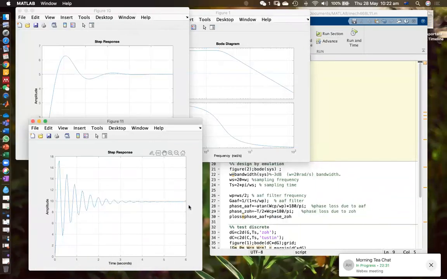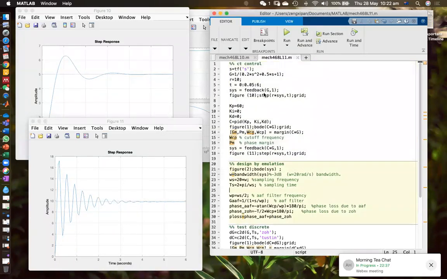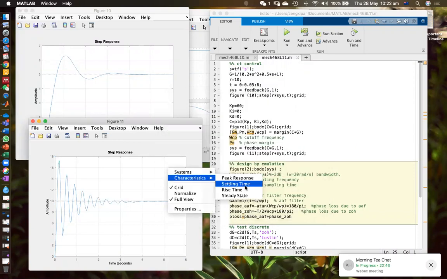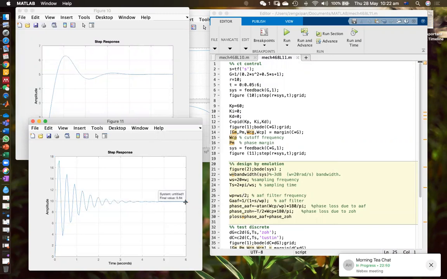Then we look at steady state, you have small error here because we want to go to 10 because our reference is 10. It goes to nearly 10. So it's 9.8. It's close. So steady state is good, but it's too much kind of instability.